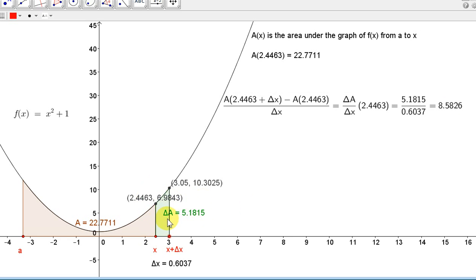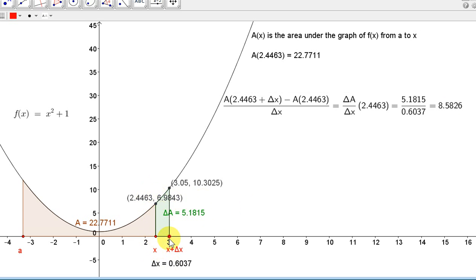Now intuitively that kind of makes sense, because when delta x is made close to 0, then this blue area here is approaching a rectangle, and the area of a rectangle is base multiplied by height. So the base is the distance between these points, which is delta x, and we could approximate the height by the length of this line here, which is none other than f of x.